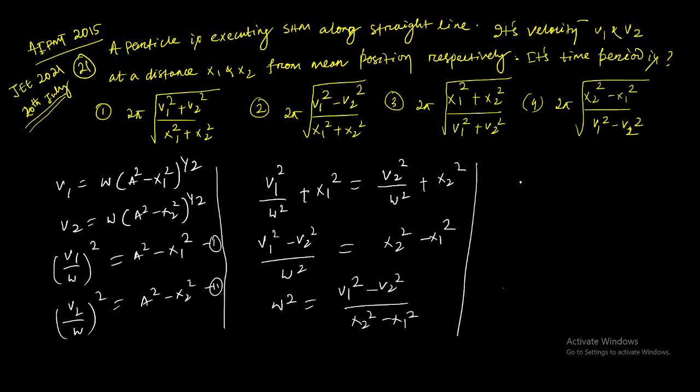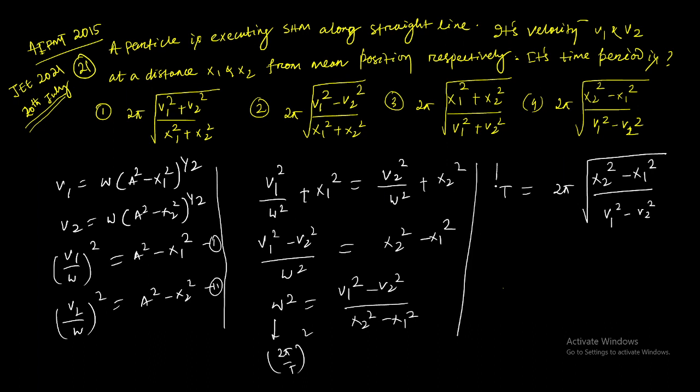And omega equals 2 pi by T, so this can be written as (2 pi by T) whole square. So T can be written as 2 pi times the square root of (x2 square minus x1 square) divided by (v1 square minus v2 square).